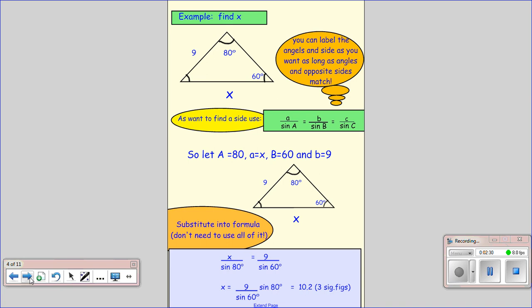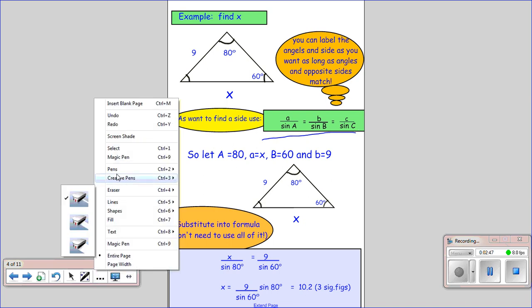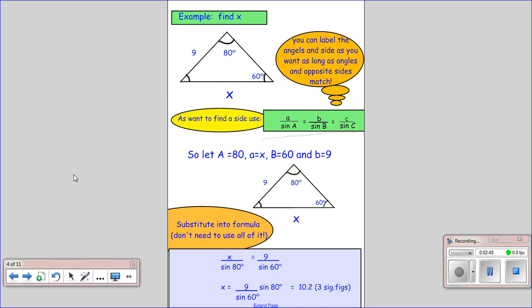Okay, so here's an example. We want to find x, that's side x, so here's our side x. Because we're trying to find a side, we want to use the sine rule like this. And now we're going to label our diagram. I suggest you actually label it properly, just write it out on your triangle in the question. You can do this any which way, it doesn't matter.